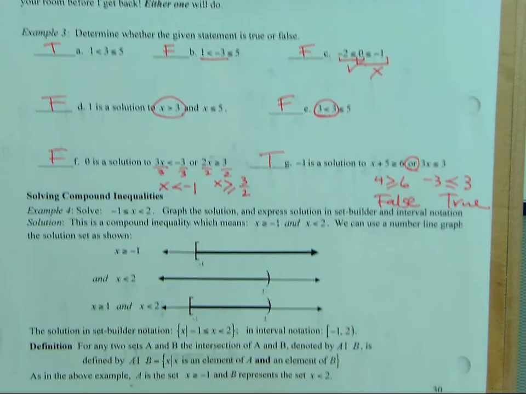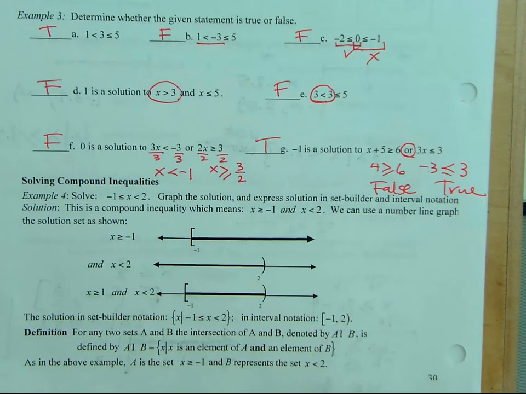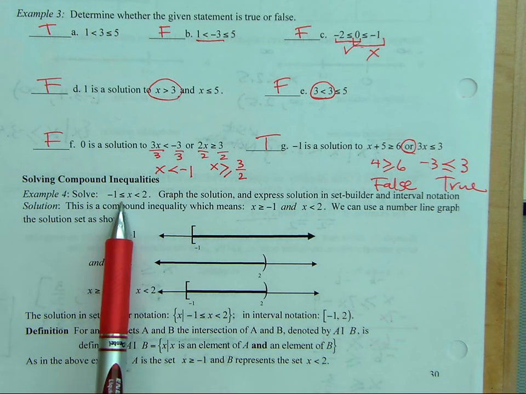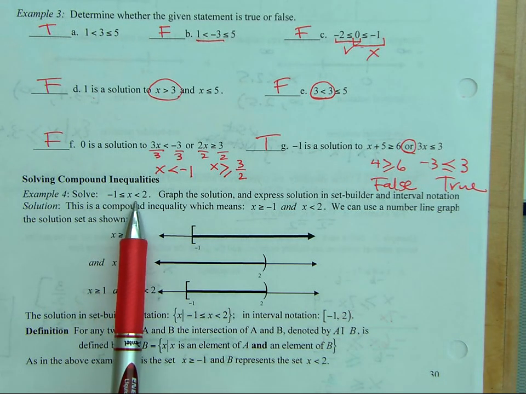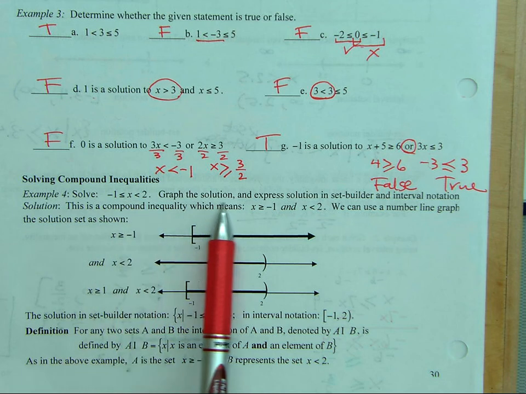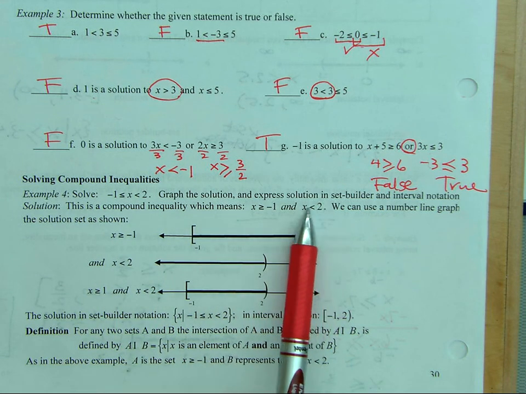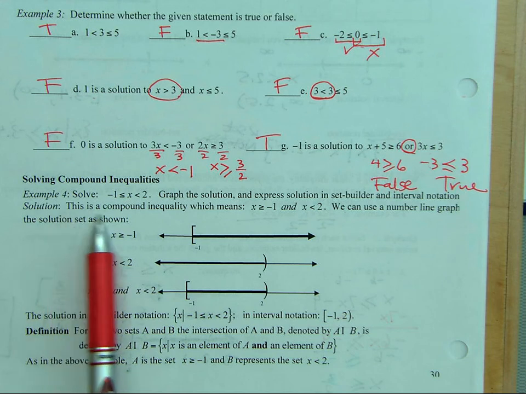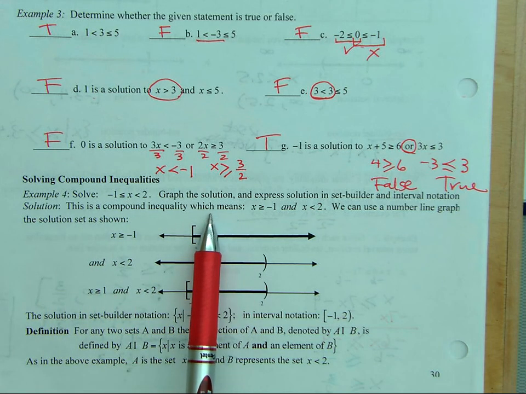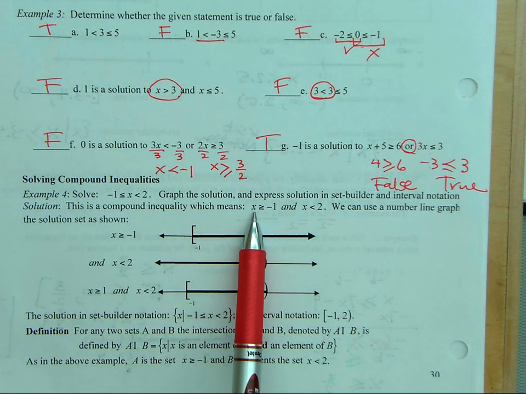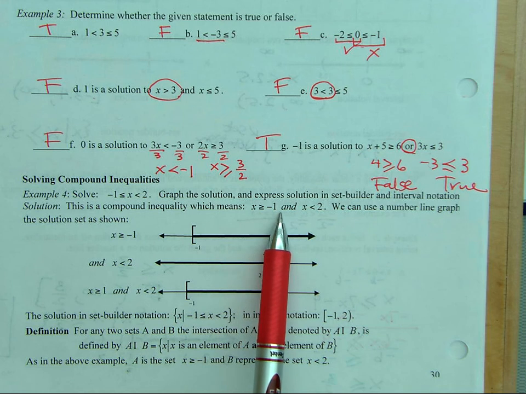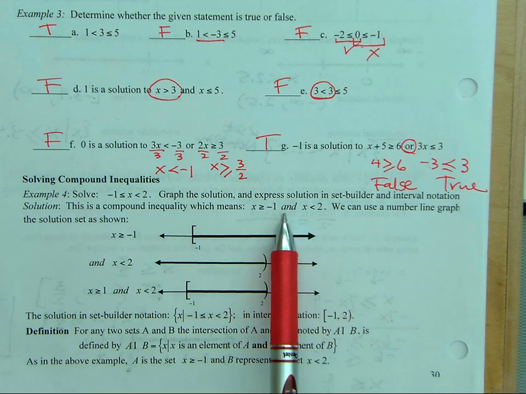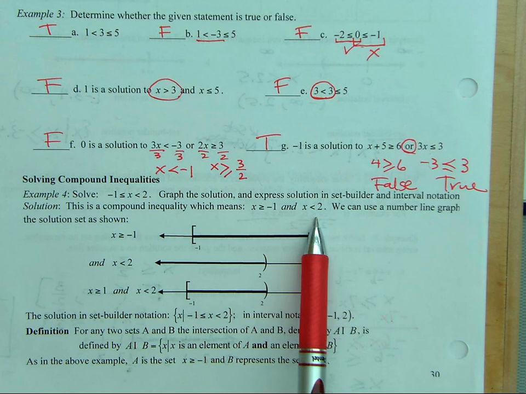Okay, so looking at this on the graph, if we were going to solve a compound inequality, -1 is less than or equal to x is less than 2, we would graph the solution and express the solution in set builder and interval notation. So the compound inequality means x is greater than or equal to -1, and because it's all together, we're using the word "and", x is less than 2.